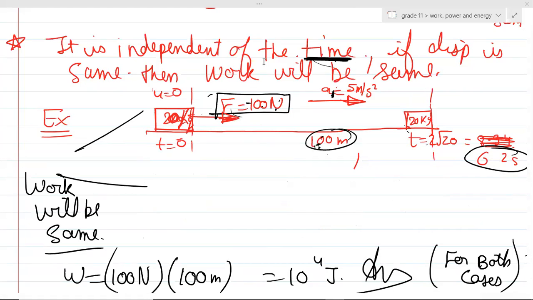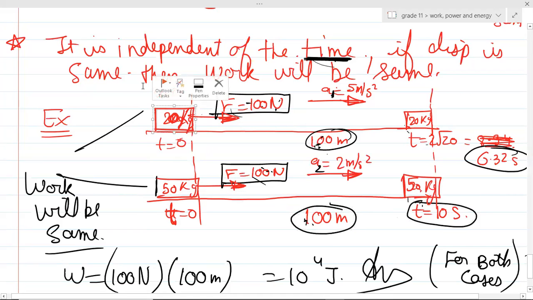In this case, this force was acting on this 20 kg block for 100 meters. So what was the work done in the first case? It was 100 joules. Now basically what did you do?